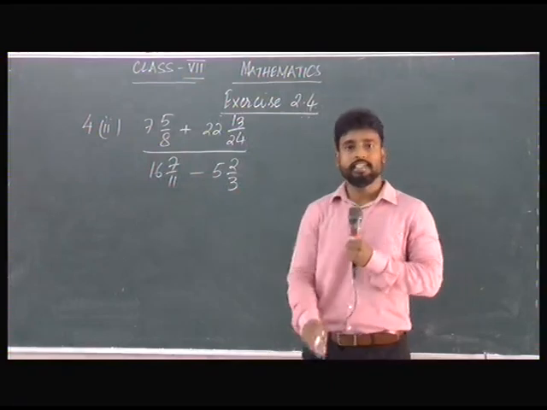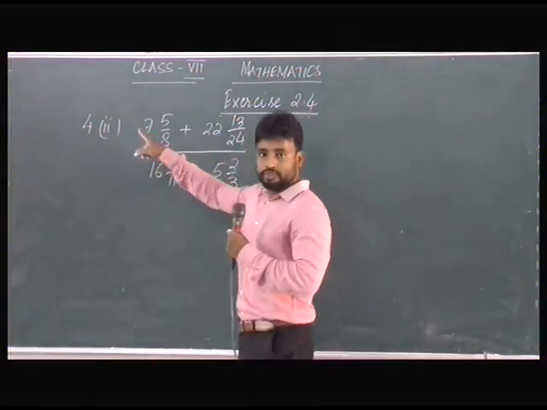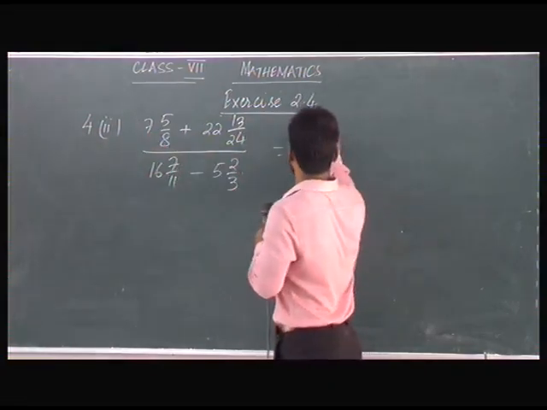So first of all, we'll change them into improper fractions. 8 7s are 56 plus 5, 61 by 8.